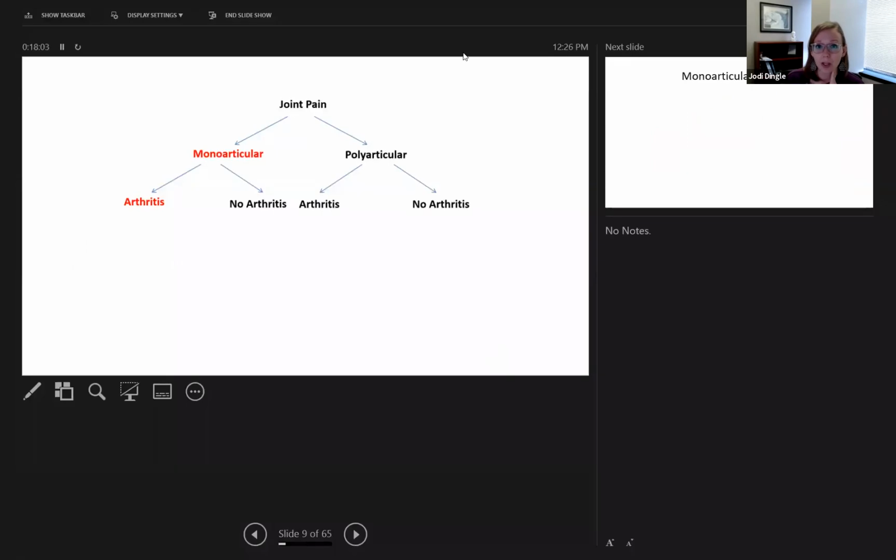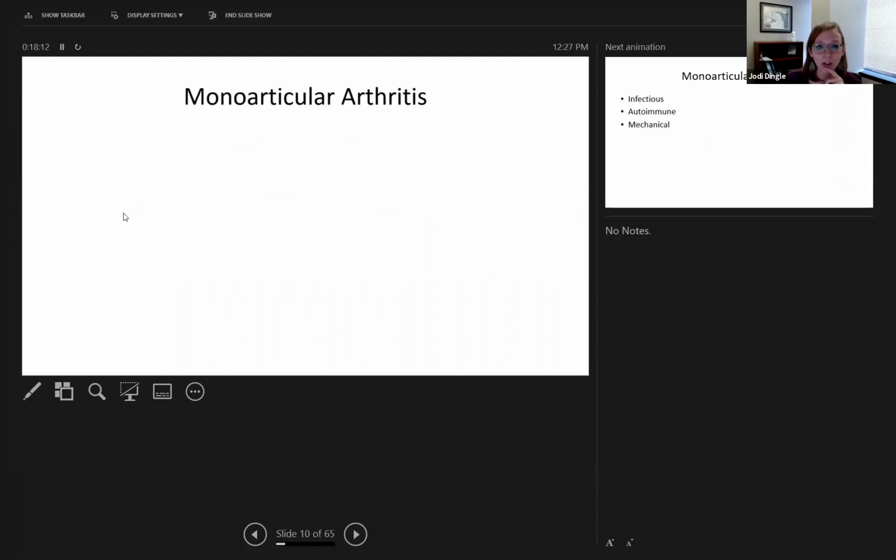All right, so we're gonna start with our first category, which is gonna be monoarticular, one joint that has arthritis. So of those categories that we talked about, infectious, post-infectious, mechanical, autoimmune, and neoplastic, which of those do you think would be most likely in a patient with monoarticular arthritis?